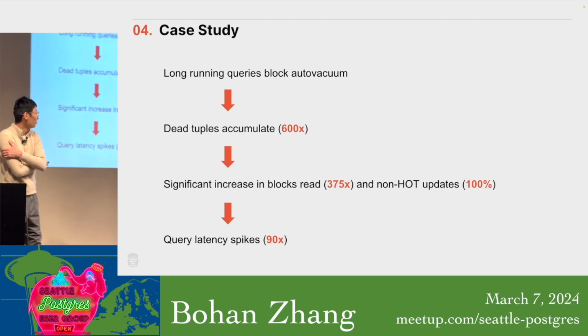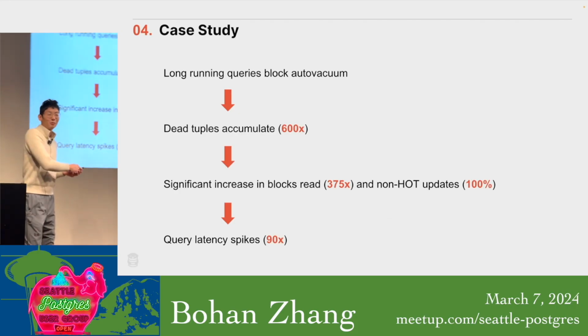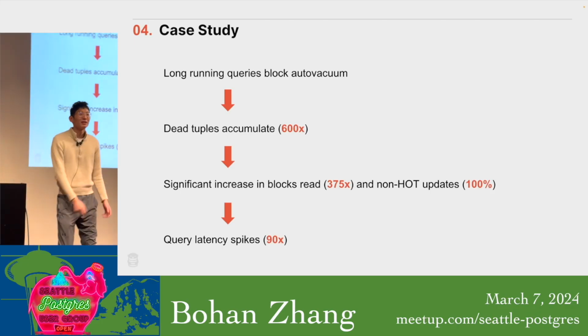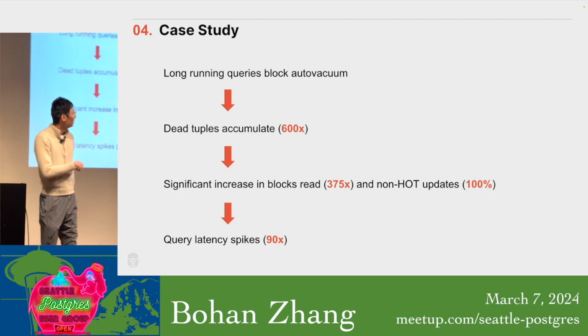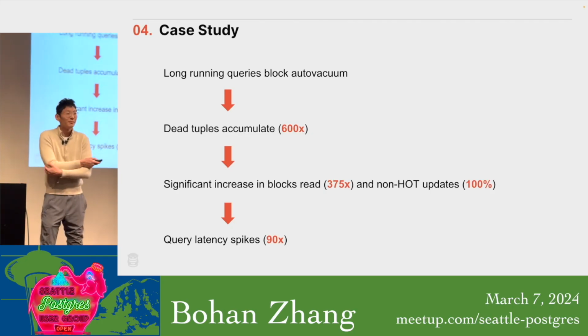I think I can reproduce this locally. I'll probably write a blog about it later if I find why it happens. But it did happen to its customers. It's very interesting.